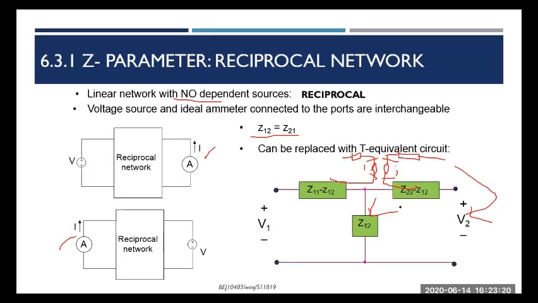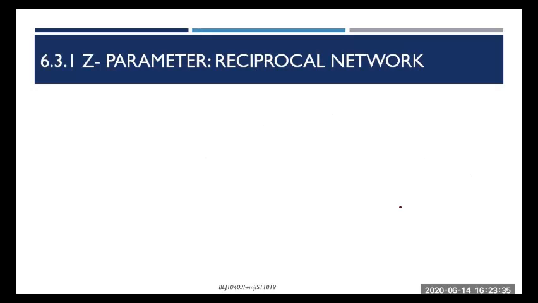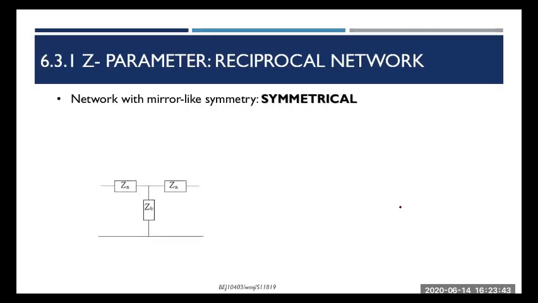Okay, so remember we have the Z parameter equivalent circuit, and also we have the T equivalent circuit if you have a reciprocal network for Z parameter. Okay, another one is called symmetrical. A network with mirror-like symmetry is called symmetrical.